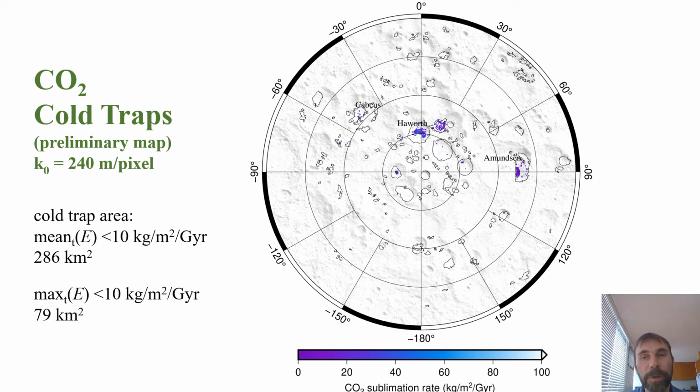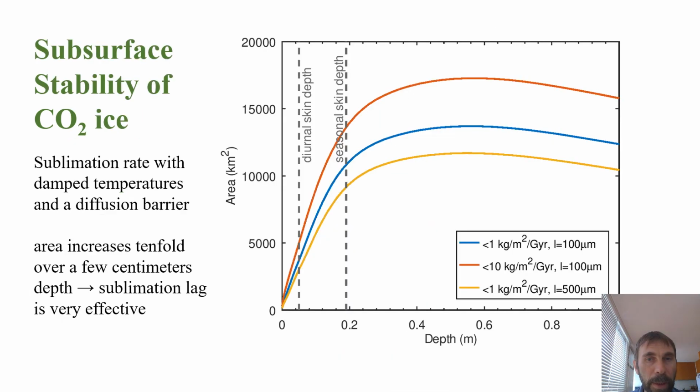If you had just picked the peak temperature, the area would be much smaller and would be less coherent. And so the spatial coherence of these patches makes the data analysis more compelling. One can also look at subsurface stability. So suppose that CO2 ice is covered by a sublimation lag.